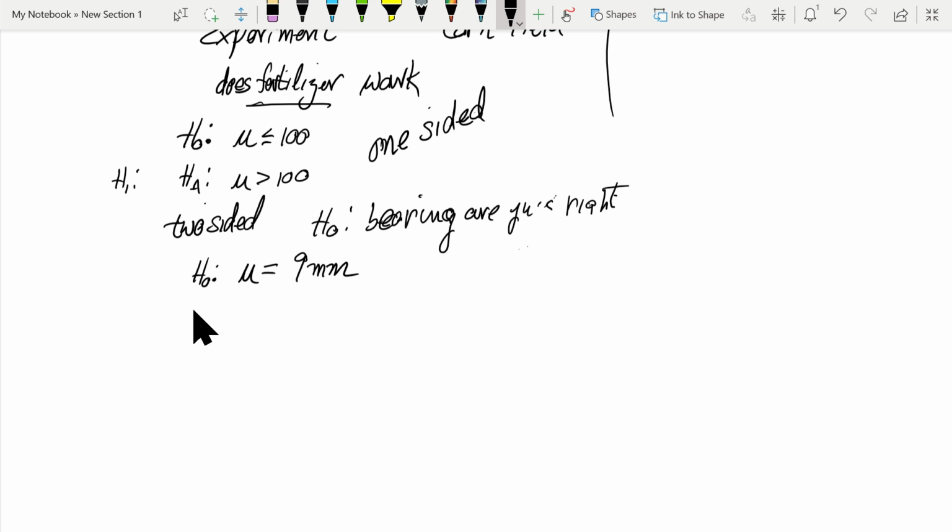The alternate hypothesis is that they are not 9 millimeters. It's too big or it's too small. So this is a two-sided hypothesis. And the deal with this is, where do I say it's too hard or it's too soft?